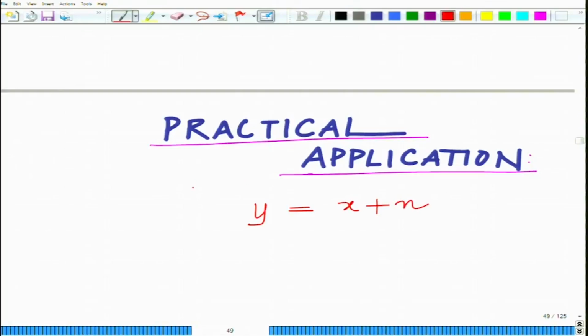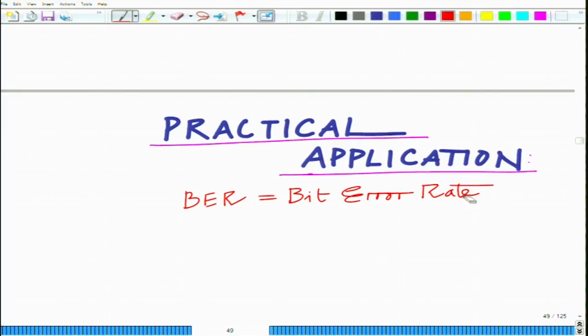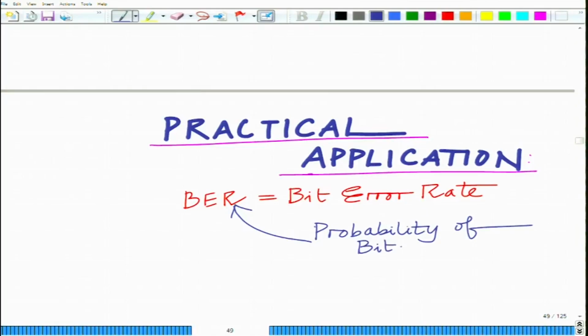This practical application is in the context of the BER, what is termed the bit error rate. I think most of you are familiar with this, those who are familiar with the performance analysis of communication systems. This is basically the bit error rate, which denotes the probability with which a bit is received in error over a communication channel.